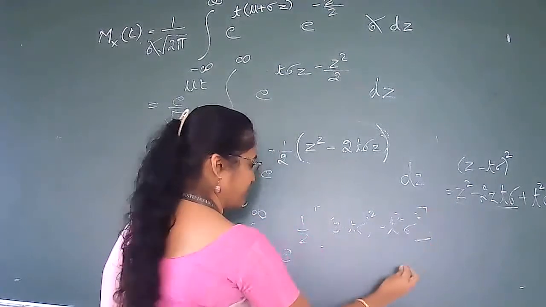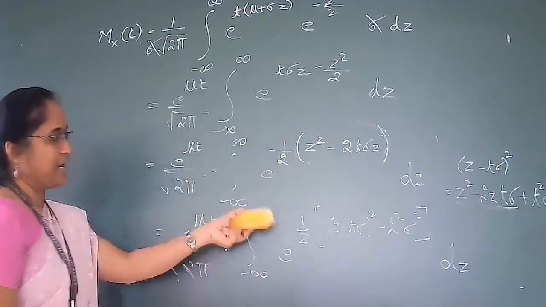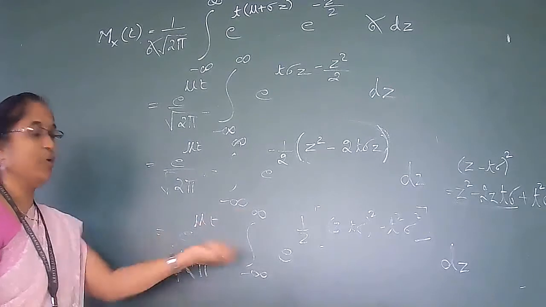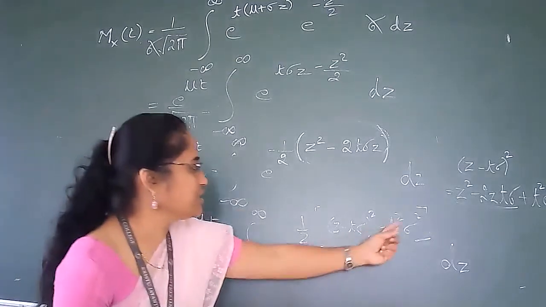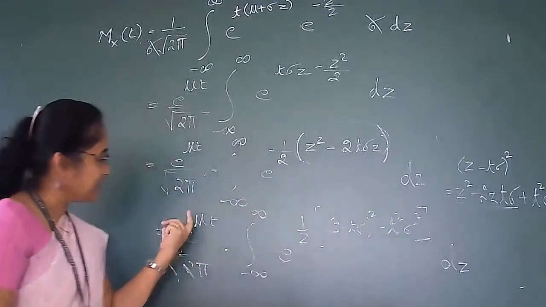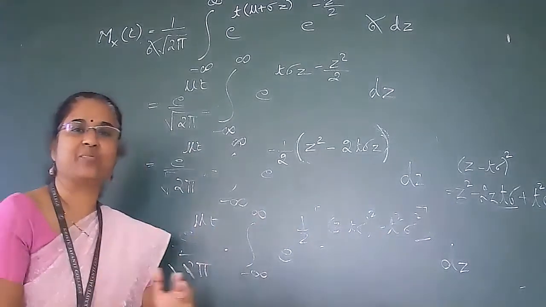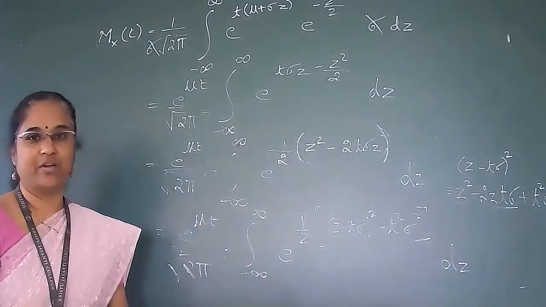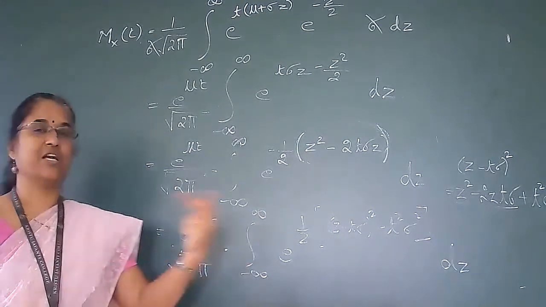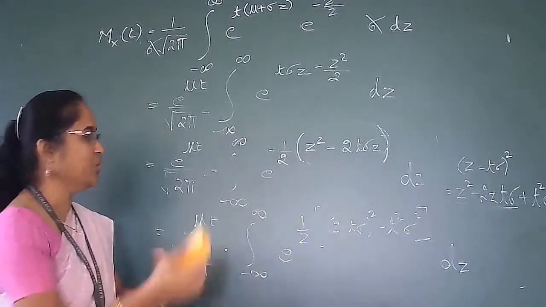I hope it's fine with every one of us. So this term that we have over here, I have simplified it into this. When I do it, how is it going to help me? This t squared sigma squared is a constant, it doesn't have z in it. It will come outside the integral. And I'm left with a term which I can bring down to a standard normal variate. And the integral from minus infinity to plus infinity of the standard normal variate would be equal to 1. So that is what I want to get to.